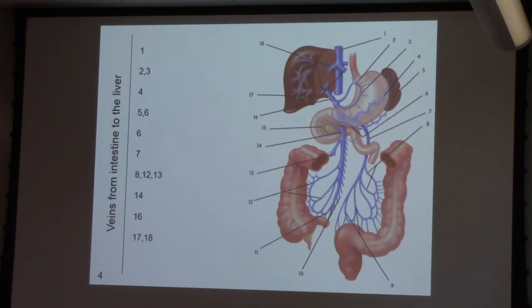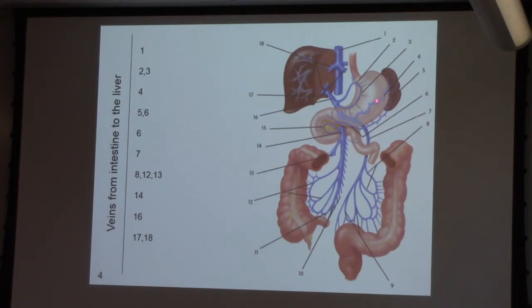This is the portal vein until it splits here. So this here is the portal vein. Remember, blood is going to the liver. So from this junction here to the liver is the portal vein. That would be 16. 16 is the portal vein.